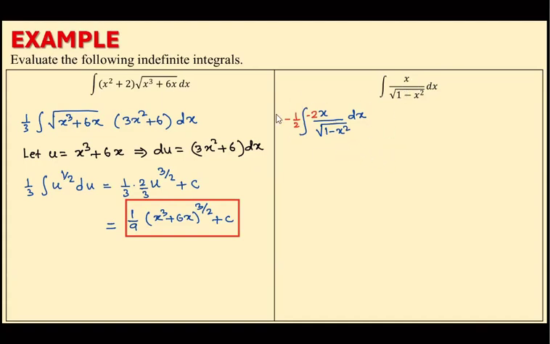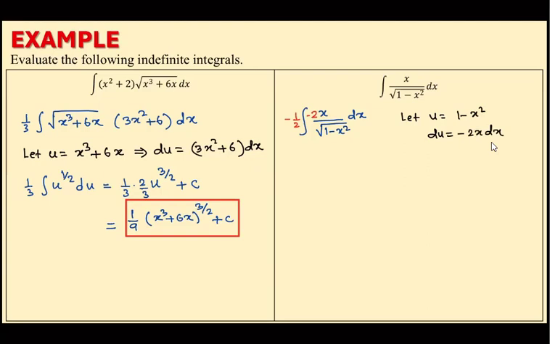By doing this, we can do the u substitution where u is the inside function. So let u equal 1 minus x squared. So du is equal to the derivative. Derivative of 1 is 0, and derivative of negative x squared is negative 2x. And if we move that dx over, it will be like that.